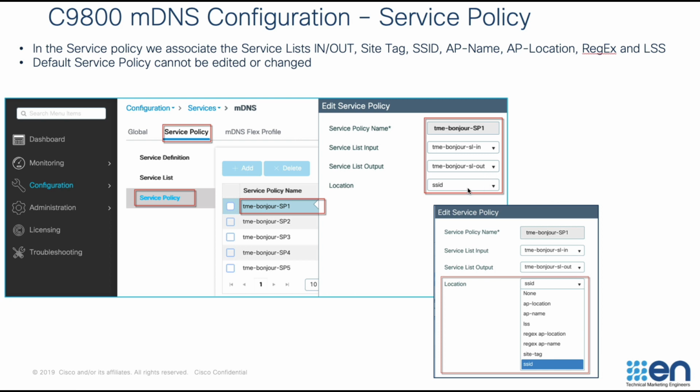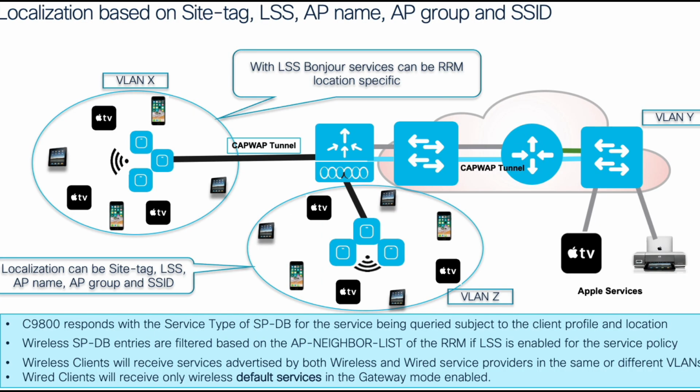Here, we also define a location of these services availability. So the services can be defined to be available on a specific SSID, or can be defined by different locations. We'll discuss specifics of location configuration in the next step.